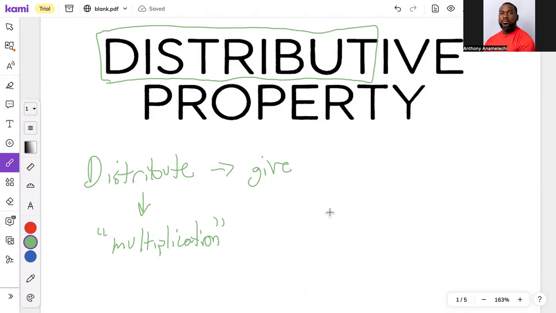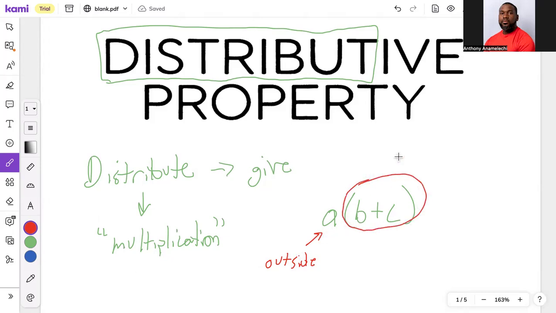There's the number, I'll represent it as A, that is going to be outside of the brackets, and then the numbers inside the brackets. So two main parts to be able to identify: the numbers outside the brackets, and then all the numbers inside the brackets.